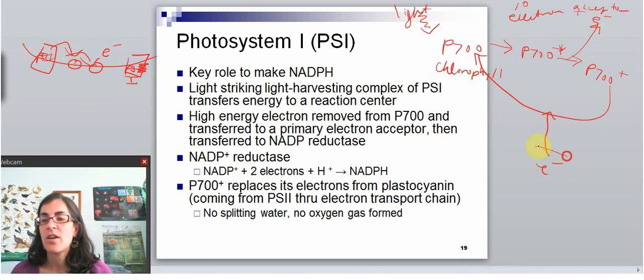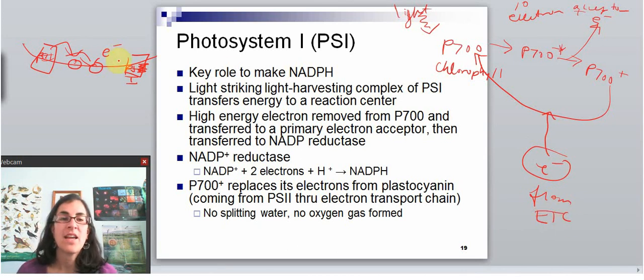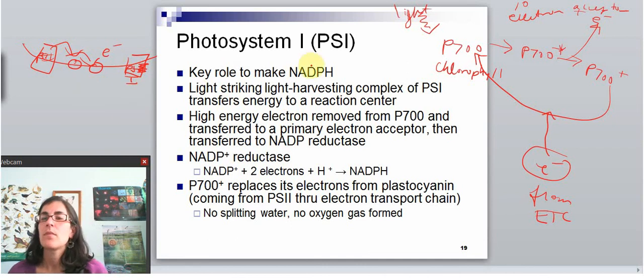So this electron is coming down the electron transport chain, and here's PS1 sitting at the bottom of that, ready to catch the electron. So the electron from the electron transport chain will fill the hole in P700. So we can really say that the electron that came from PS2 is filling the hole in PS1. So that's our P700 back to its original state, but we still have this electron floating around to address.